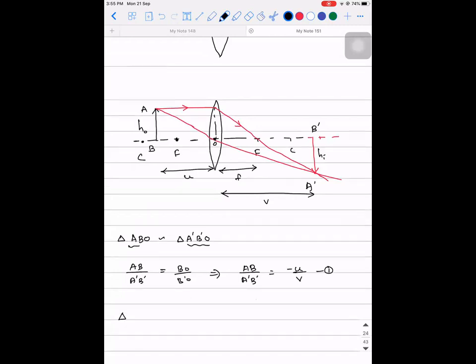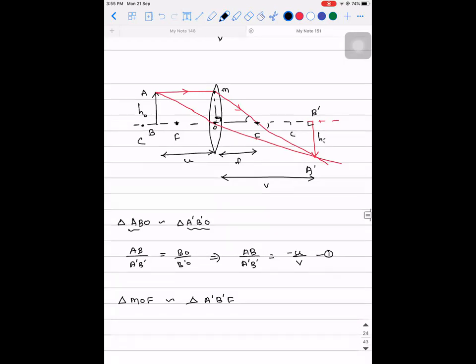So what is the other triangle we can think of? Similarly, we can think of a triangle which involves the focal point, right? If that has to get involved, we can see the triangle MOF is similar to triangle A dash B dash F. Accepted? Because the angles are 90 degrees and vertically opposite angles, by the AA criteria both are similar, right?